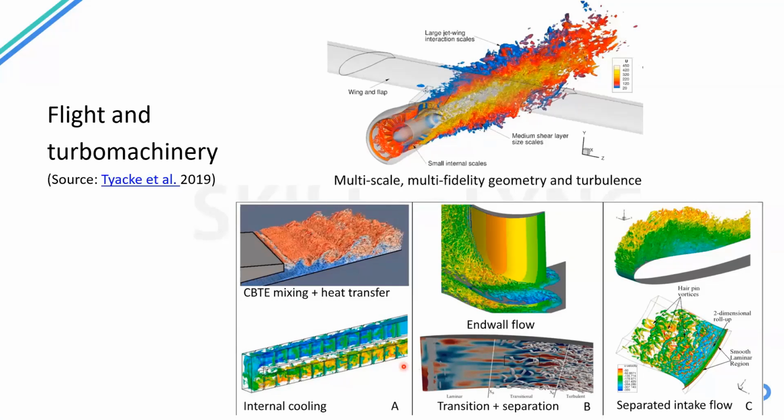Then, for example, here is a compressor blade. You see that complex motions arise in these configurations. Then on a similar blade, you would see that the flow goes from laminar to transition to turbulent, and this forms challenging applications in engineering.